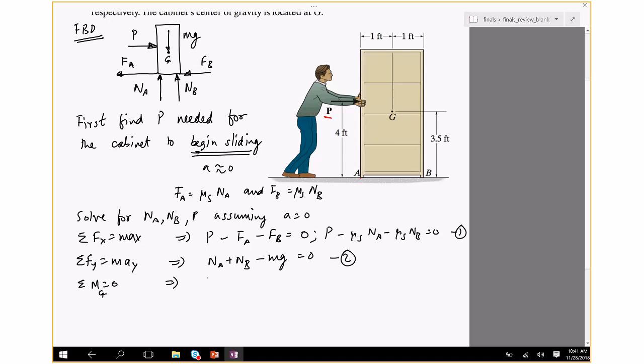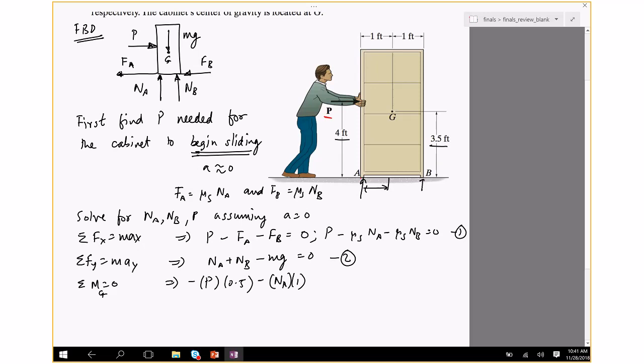We have P times 4 minus 3.5, so 0.5, and about G that force creates a clockwise torque, so negative. NA acts at a distance of 1 foot, so NA times 1. About G, NA produces a clockwise torque, so negative.